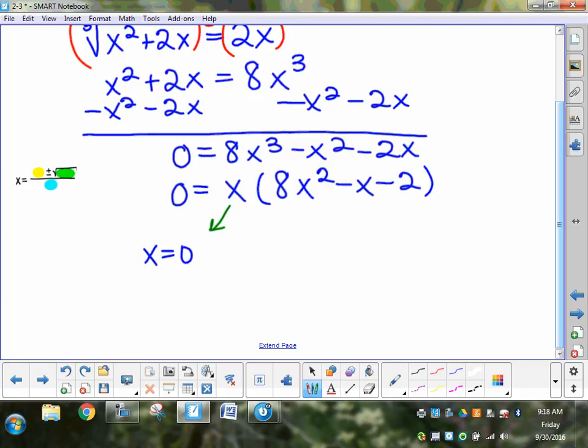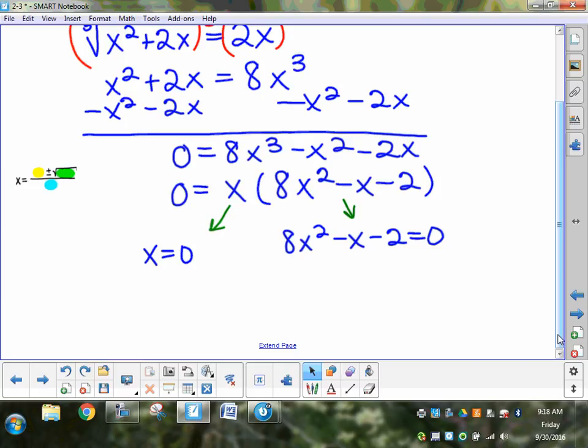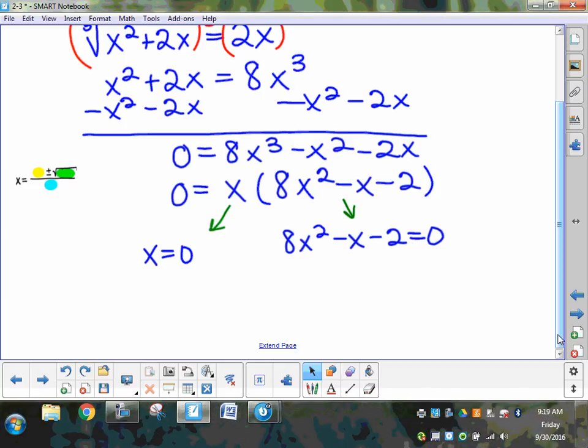Now, this right here, normally I would say we're going to try to factor this down. Right? And it would be 8x squared minus x minus 2 is equal to 0. Here's the way to check to see if this will factor down before you go through and actually do it. What do I get when I take the product of the outside values? Hands up, please, if you can tell me what the product of these outside values is going to be.